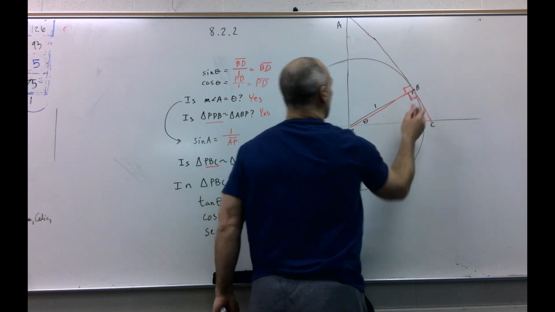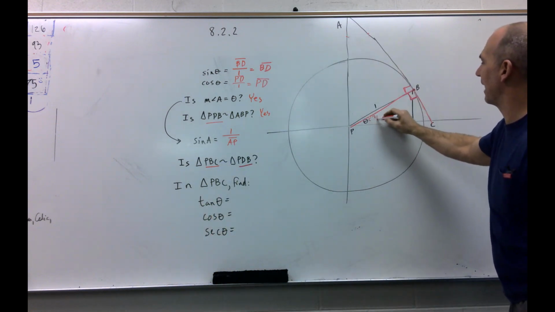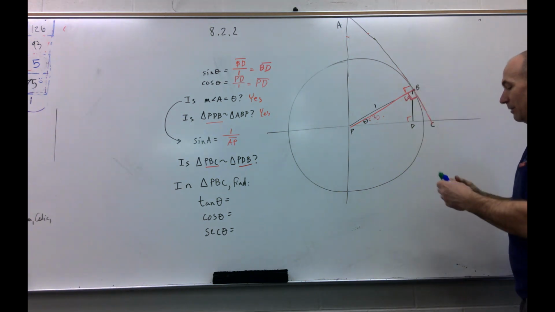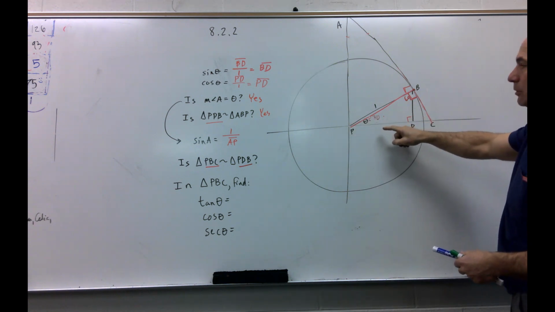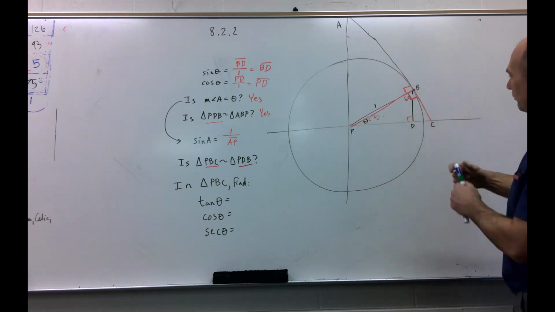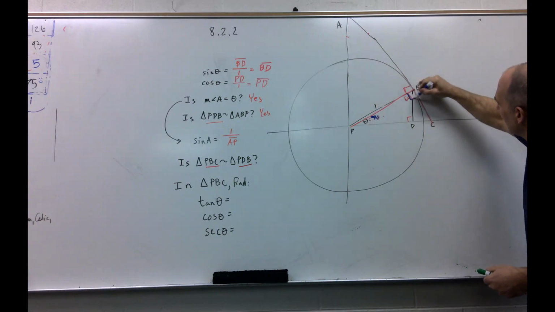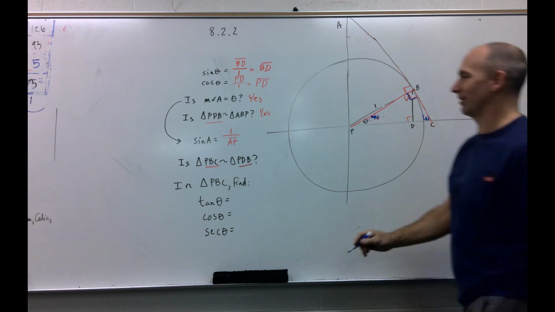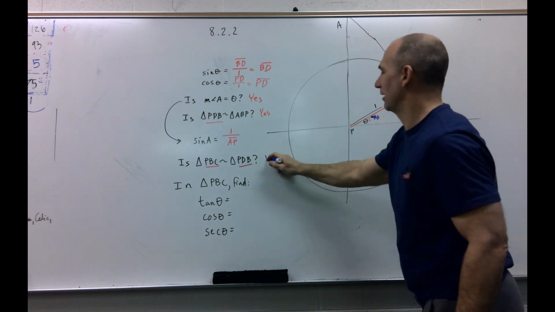Well, remember, we said, let's just say that's 30. And if that's 90, this has to be 60. Now let's take a look at P. Where is it? PBC. Well, this is still 30. This is 90. That makes this 60. So we have another 30, 60, 90. Again, I'm assuming they're 30s, but that's a yes.